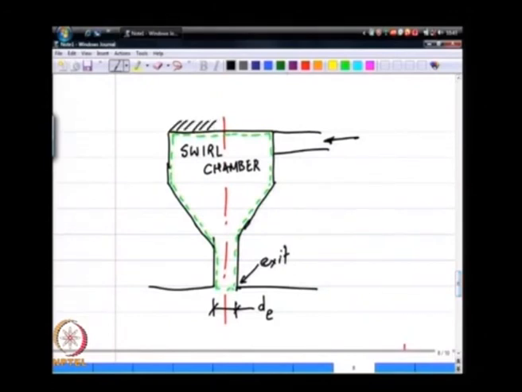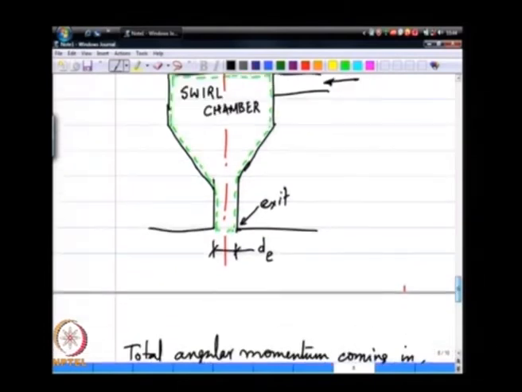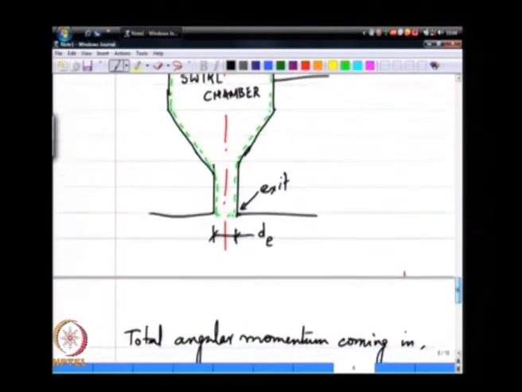Okay. So, again if we do a simple control volume analysis, one would have to imagine that this part of the wall is essentially exerting a downward force on the fluid, causing it to generate an axial momentum. This axial momentum is going to depend on the mass flow rate divided by the exit cross-sectional area divided by the density.